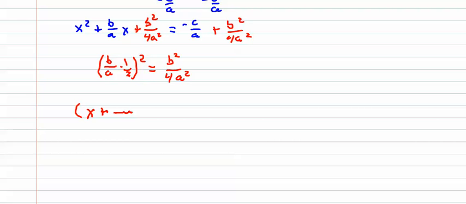Well, b times b is b squared, 2 times 2 is 4, and a times a is a squared. Equals, now I'm going to switch these around just to make it easier, b squared over 4a squared minus c over a.